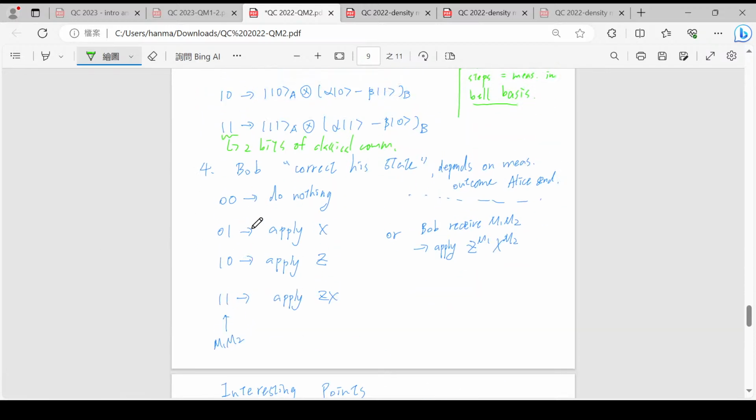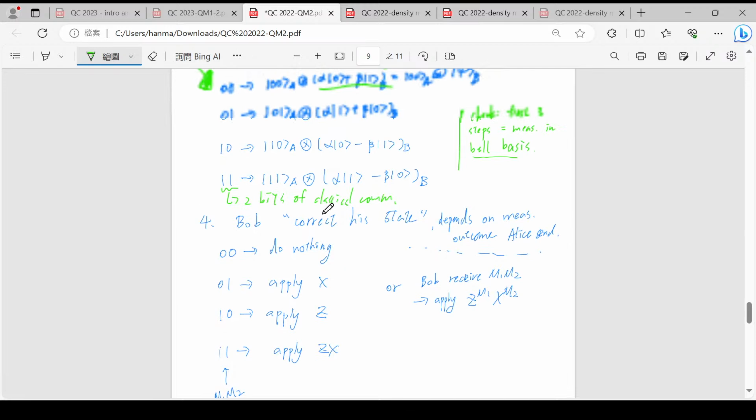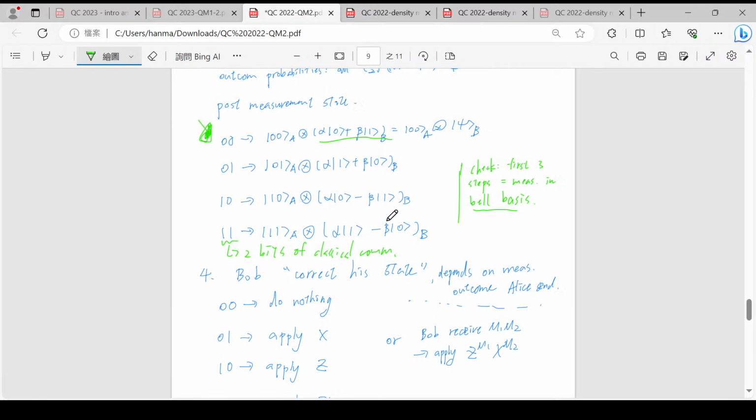Similarly, you can check yourself: if Bob receives alpha 1 minus beta 0, he can apply X, then apply Z, and once again he will get back alpha 0 plus beta 1. So that completes the teleportation protocol.